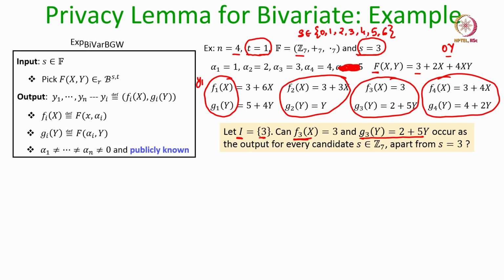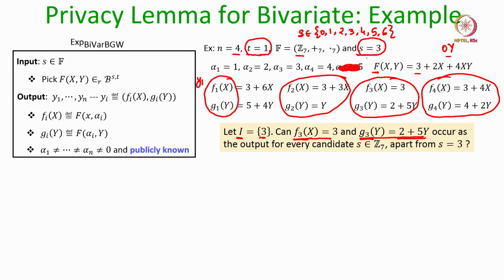That means, you can't pinpoint whether I have run the experiment with 0 or 1 or 2 or 3 or 4 or 5 or 6. With equal probability it could be the case that I have run the experiment with any of these 7 candidate s values, and in each case it would have resulted in the third output being f3 of x being 3 and g3 of y being 2 plus 5y. That is what I am going to show, and if I can show this, then that is equivalent to showing that you can't pinpoint whether my input was 0 or 1 or 2 or 3 or 4 or 5 or 6.